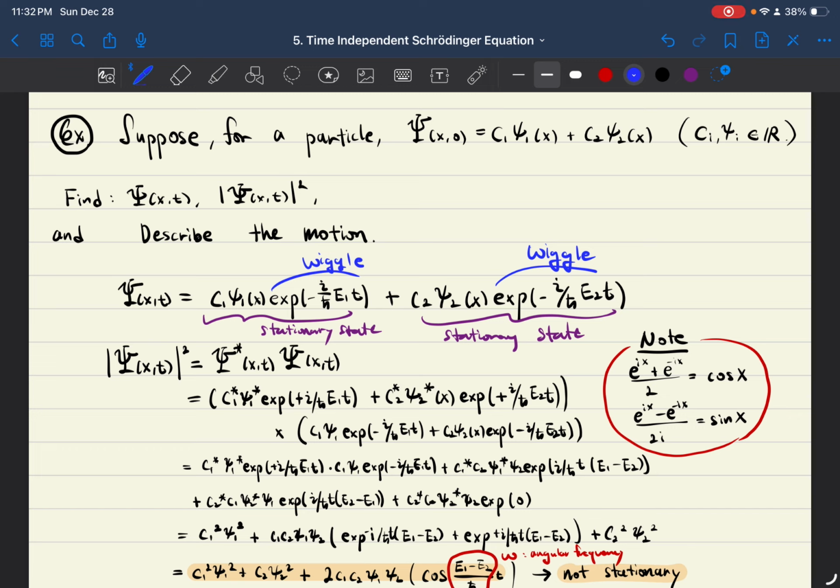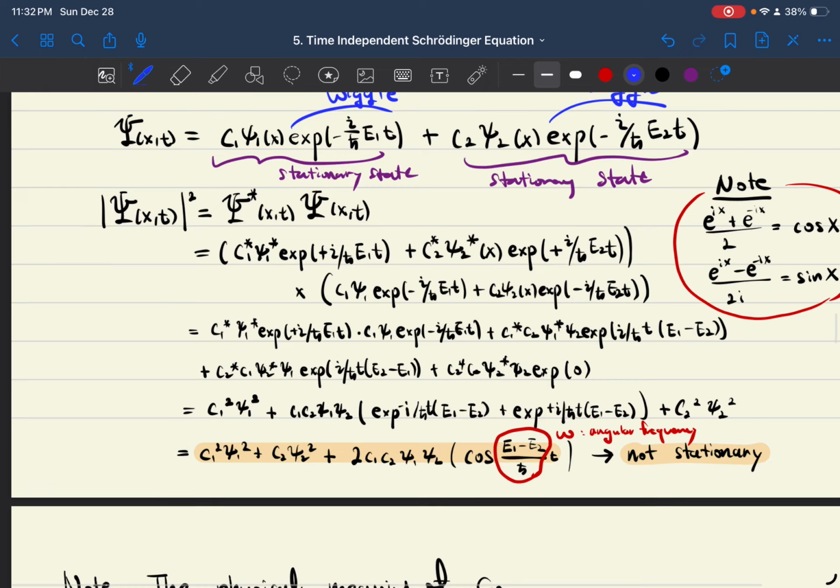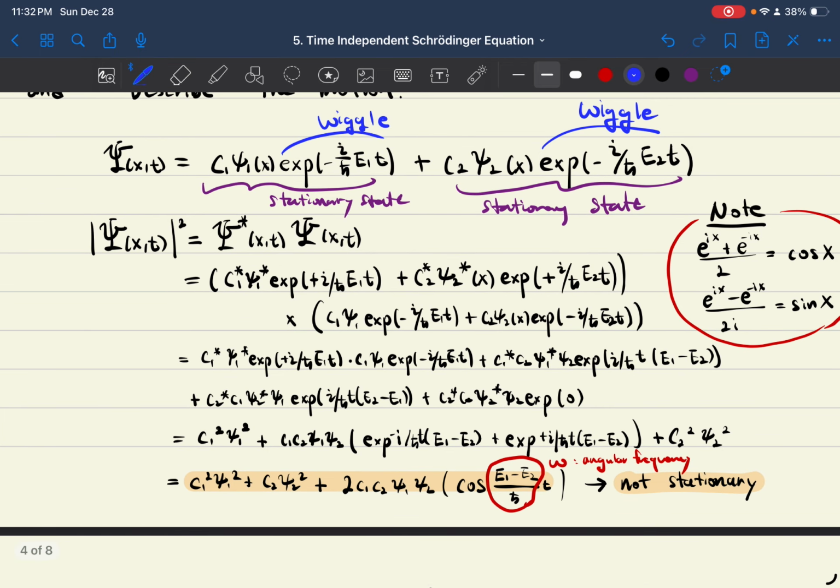And here they are stationary states, which means that when we compute the conjugate times the original form, that is the norm squared, they have no time dependence. However, although the respective terms are stationary states, the whole psi has time dependence, as you can see from this computation.